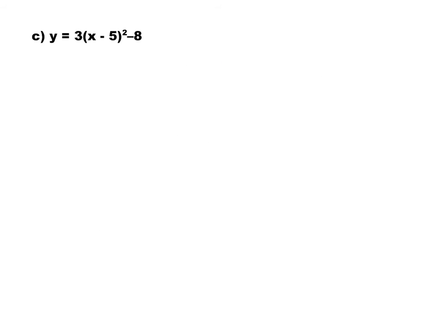The next example is the vertex form 3 times (x minus 5) squared minus 8, and we have to find again the standard form. Before I do that, again, remember the vertex form is y is a times (x minus h) squared plus k. Comparing this with this equation, I get a is equal to 3. Now negative h is equal to negative 5.